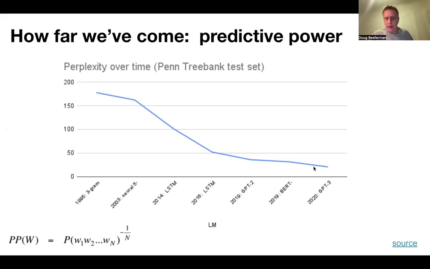We've now got it down, at least as of GPT-3, which is probably out of date by now, to around 20 for the same data set. Perplexity can never be less than 1. If we get it down to 1, it means there's absolutely no unpredictability at all in speech. So 20 is really quite impressively good.